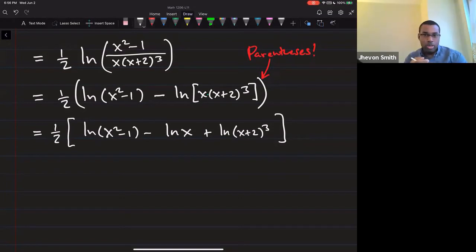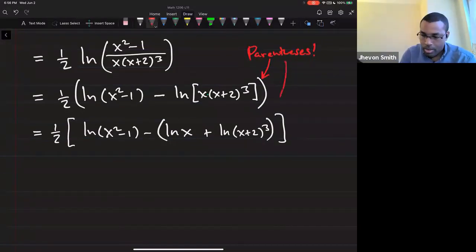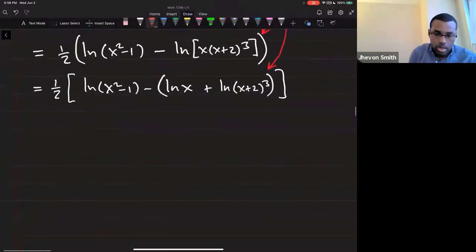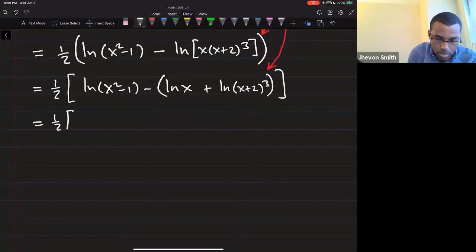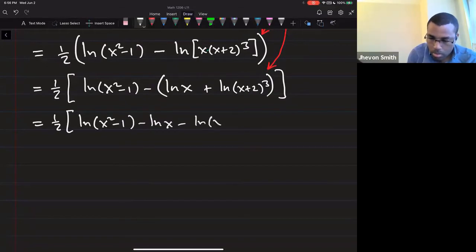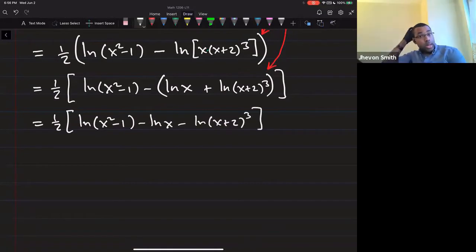Because the half had to be distributed, the minus sign also has to be distributed. I need parentheses here. It should be minus ln x minus that. So that's what we have.